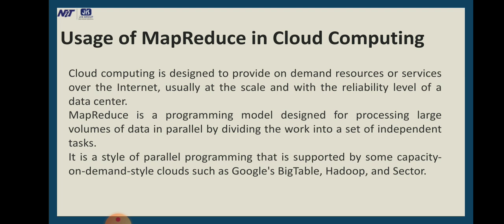Cloud computing is designed to provide on-demand resources or services over the internet, usually at the scale and with the reliability level of a data center. MapReduce is a programming tool designed for processing large volumes of data in parallel by dividing the work into a set of independent tasks.